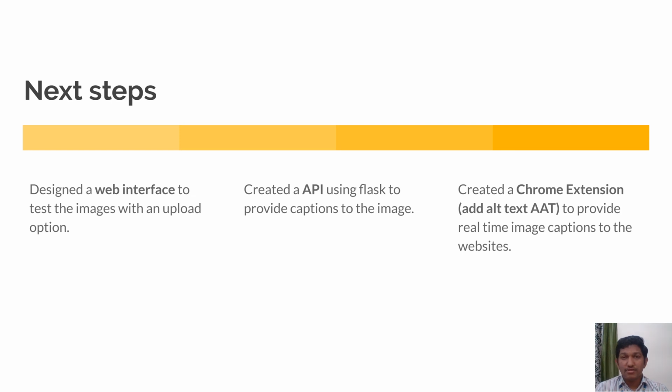For example, if a visually impaired person wants to know what is inside an image and that image does not have a good alternative text, using this Chrome extension they can know what is inside the image. This is very useful to people who use text readers or who are visually impaired. On clicking a single extension, they are going to know what is inside that image.